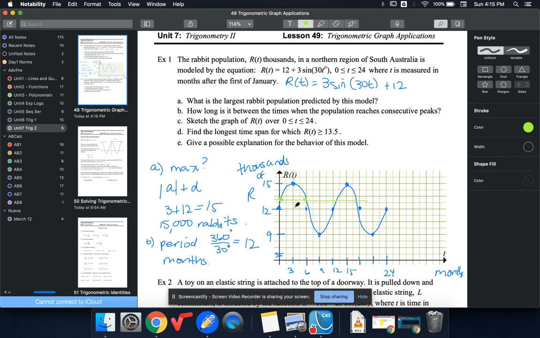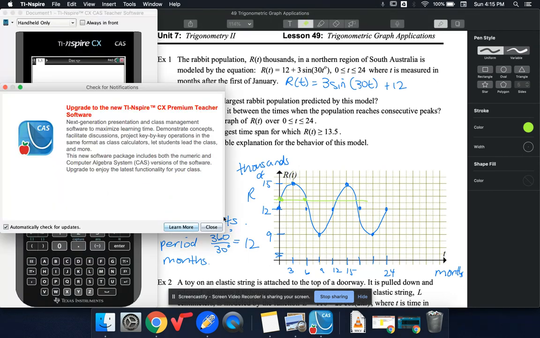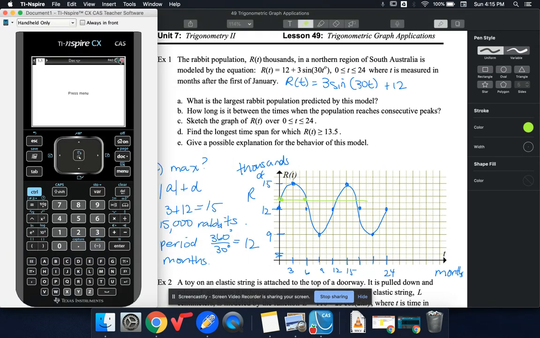Well, so now I want to use my calculator and solve that. I'm going to come into my calculator. I'm going to make sure I'm in degree mode. So document settings, degree, okay. And now I'm going to solve for 12 plus 3 sine 30 times t equals 13.5.